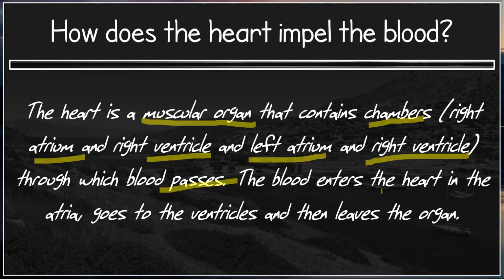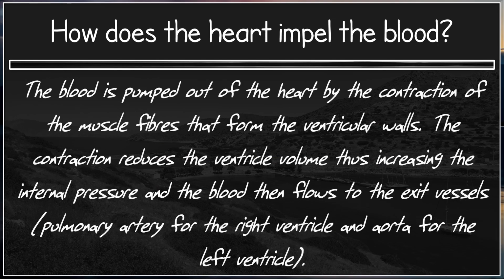The blood enters the heart in the atria, goes to the ventricles, and then leaves to the organs. The blood is pumped out of the heart by the contraction of the muscle fibers that form the ventricular walls.